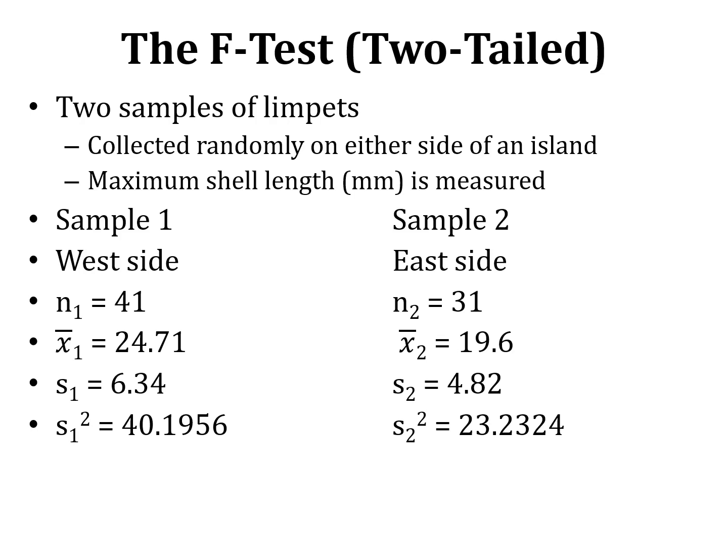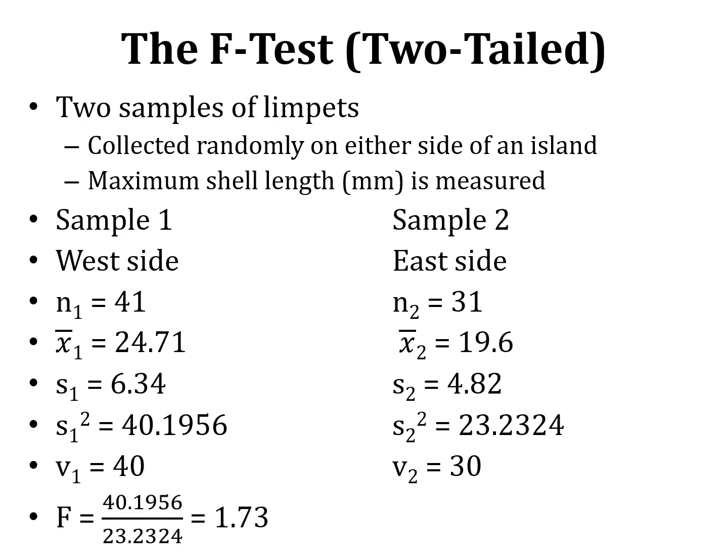And then we have the variance values, which is 40.1956 for the sample number 1 from west side and 23.2324 for sample number 2 from east side. And the degrees of freedom are 41 minus 1, 40, and 31 minus 1, 30. And this is our simple analysis. So you see how quickly this can be done if you have the descriptive statistics with you.